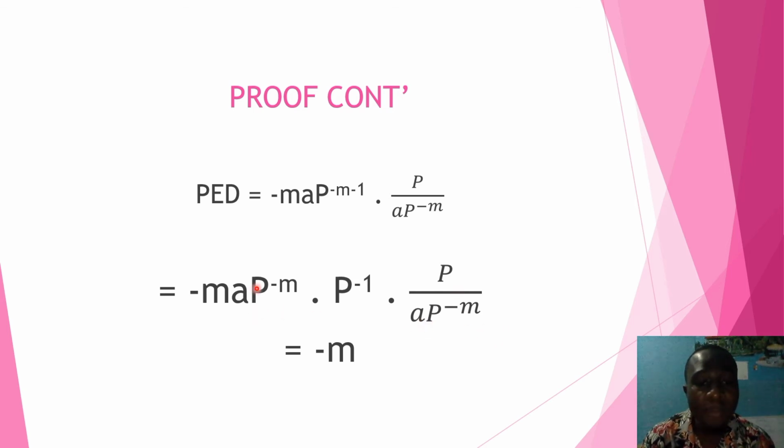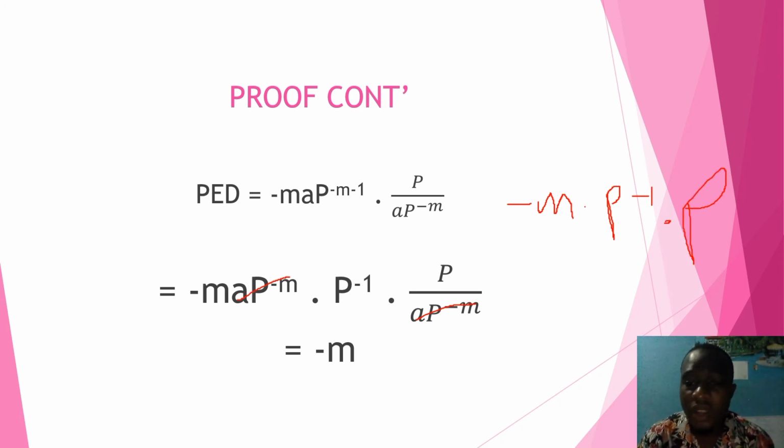So the AP exponent minus M is going to cancel the AP exponent minus M here, and I'll be left with minus M multiplied by P exponent minus 1 multiplied by P.